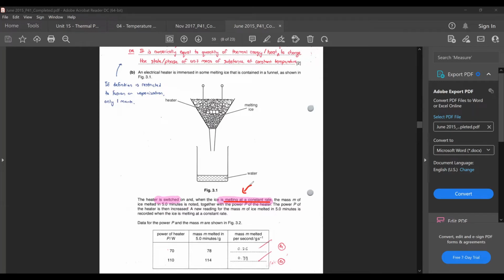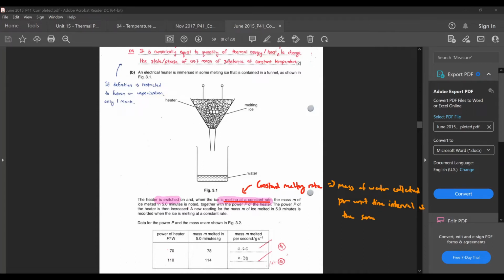You must reach constant melting rate. When the melting is at a constant rate, the mass of water collected per unit time interval is the same. Only then you start taking the value of the masses.